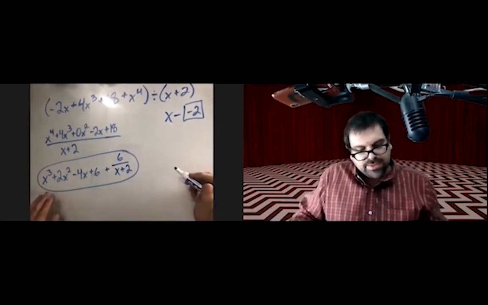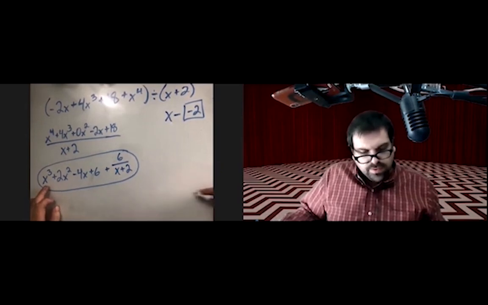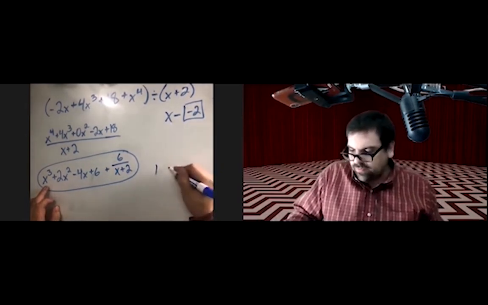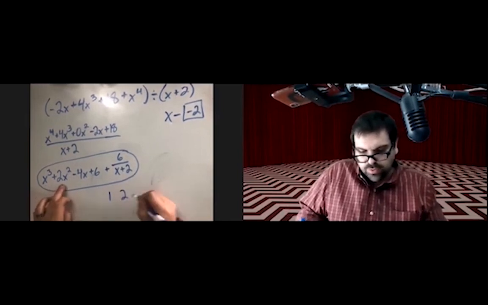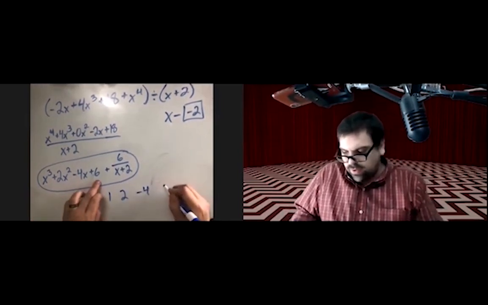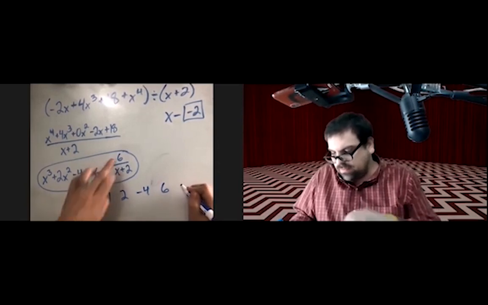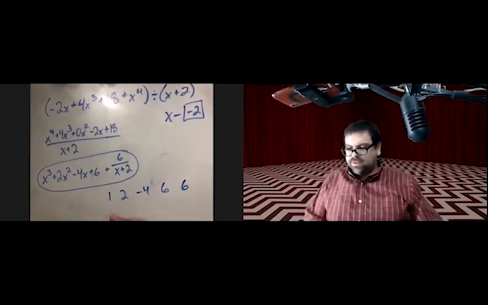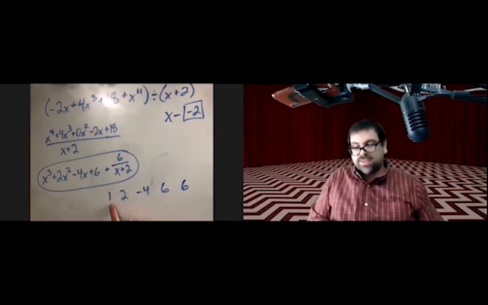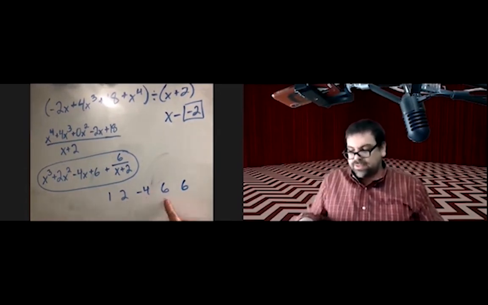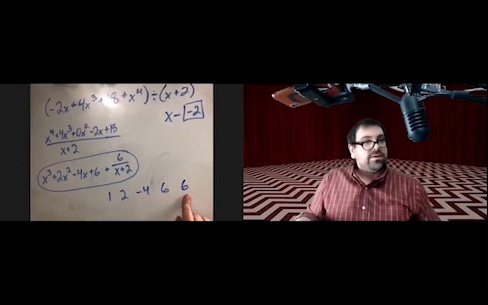So we get this answer from our resulting line of 1, 2, negative 4, positive 6, positive 6. Since it started as an x to the fourth, we would fill in with x cubed, x squared, x, no x, remainder.